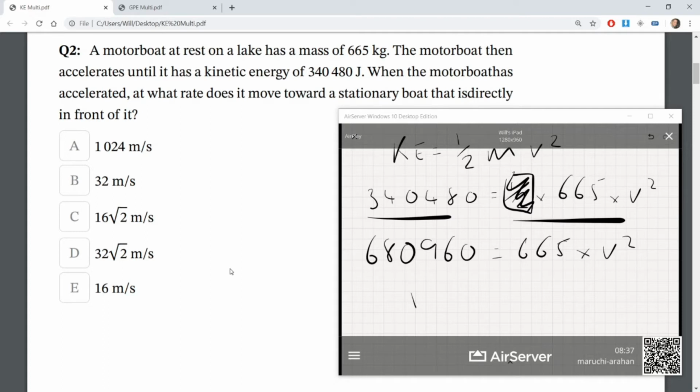That gives you 1,024 equals v squared. Therefore, v must equal the square root of 1,024, which I think is 32. Let's check. Yeah, 32 meters per second.